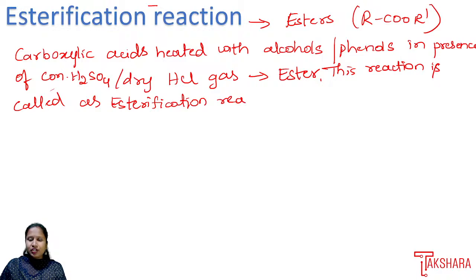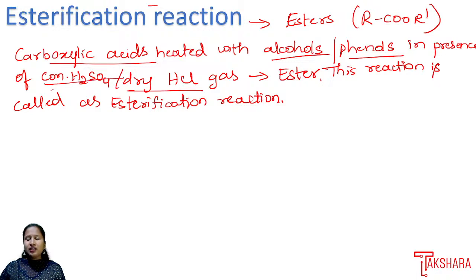Now let us write the reaction for this. The reactant is the carboxylic acid, which we heat with alcohols or phenols in the presence of concentrated H2SO4 or dry HCl gas, and esters are formed as the product. Take the reactant RCOOH, carboxylic acid.